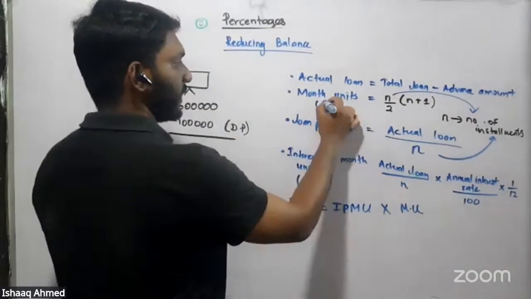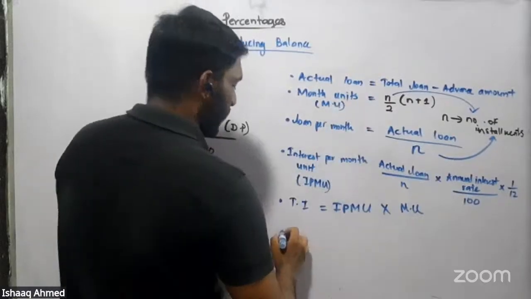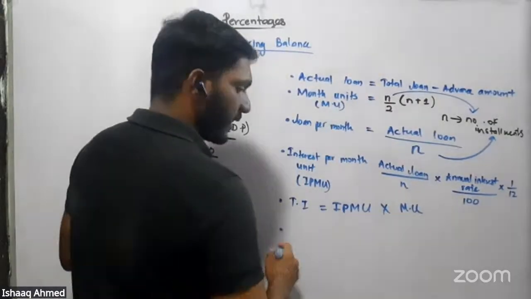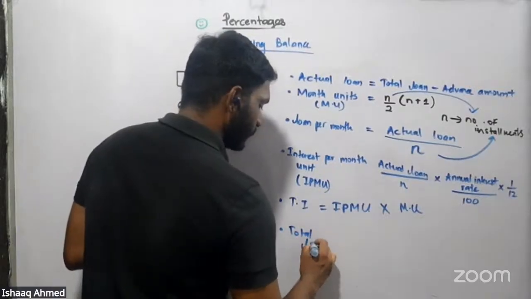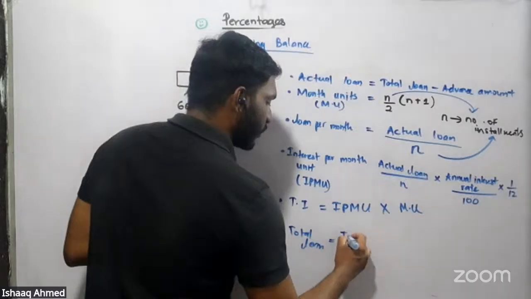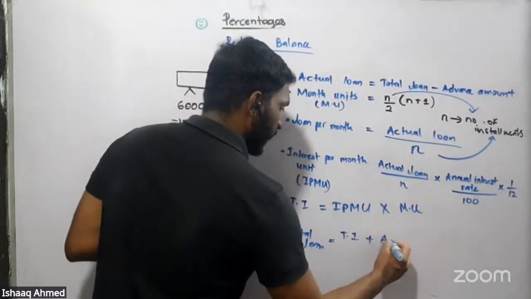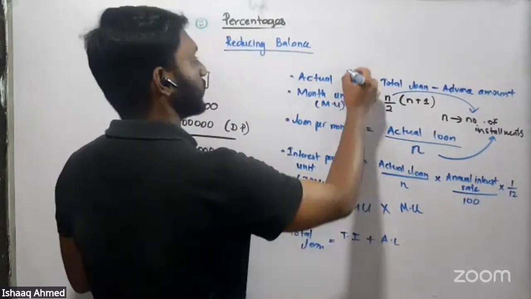So you calculate month unit here now. Then you find the total loan. That is total interest plus actual loan.